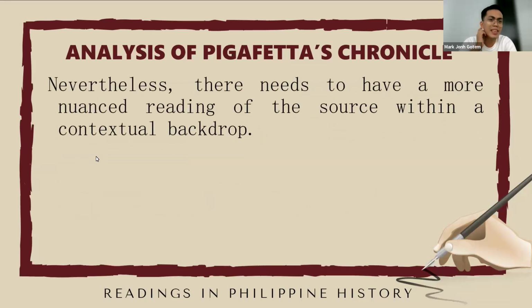Nevertheless, there needs to be a more nuanced reading of the source within a contextual backdrop. Since our chapter talks about content and context, while we are reading the content, or ang laman ng kabuuang storya, we also need to consider the contextual backdrop.